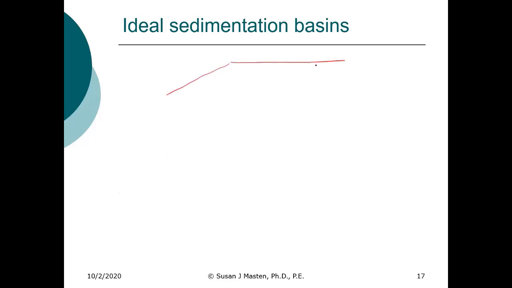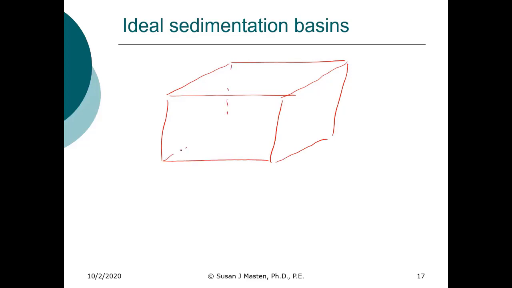But we have, think of this as our sedimentation basin. And we'll draw it as a rectangle. We have some portion of that basin that is our inlet zone. So this portion here is the inlet zone.